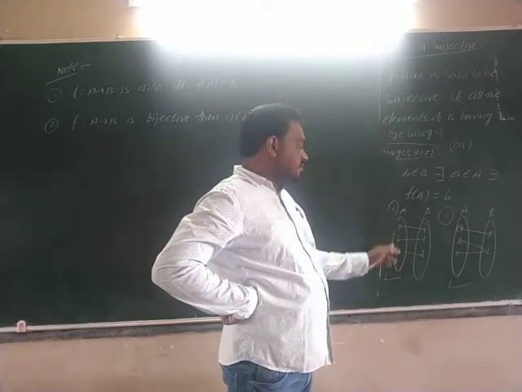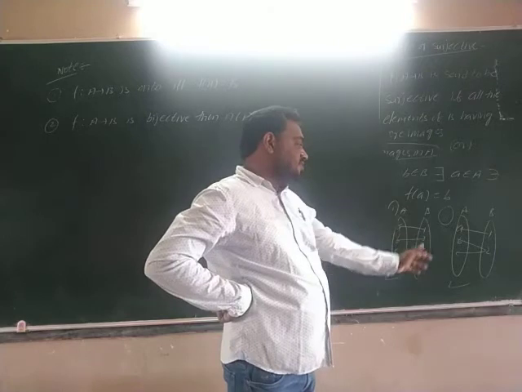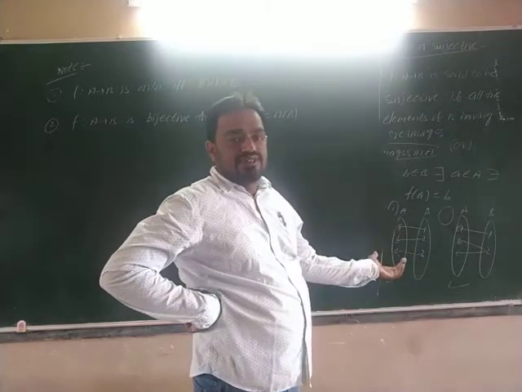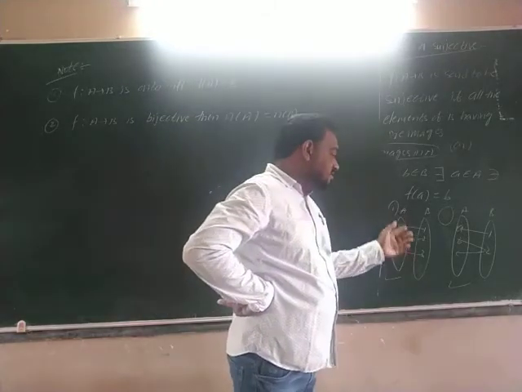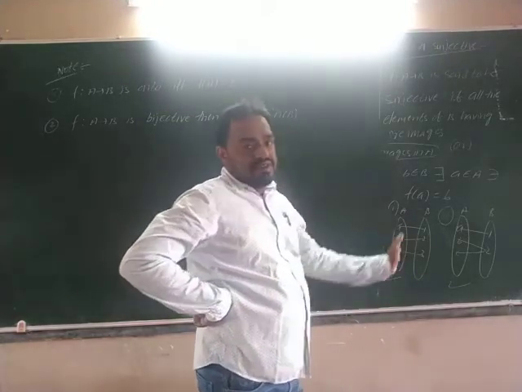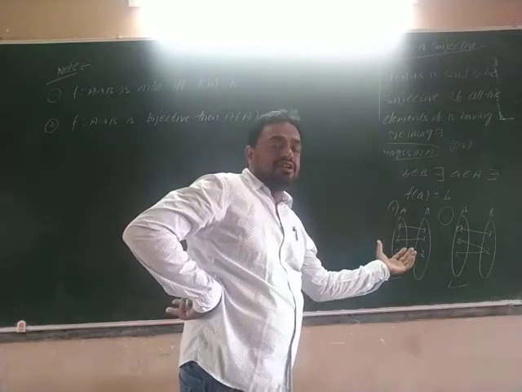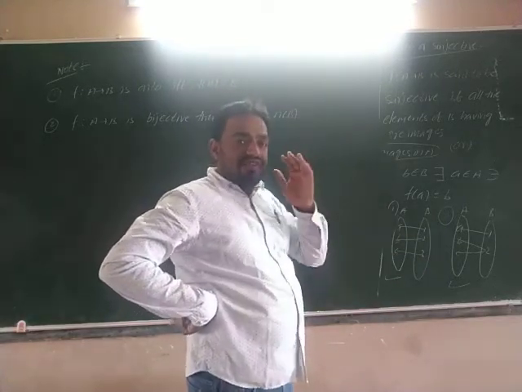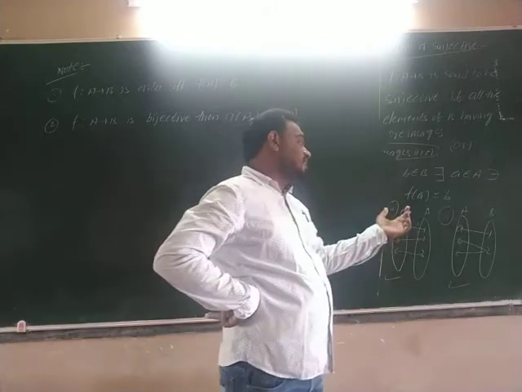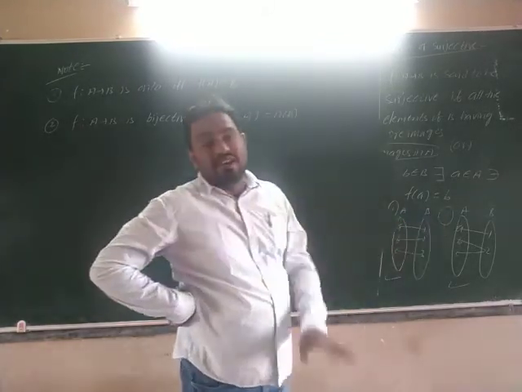What are the number of elements in A? 3 elements. Number of elements in B? 3 elements. So it is the bijective function. So it means A and B having the same equal number of images, and those are one-one and onto. Bijective function may exist if A and B having equal number of elements.